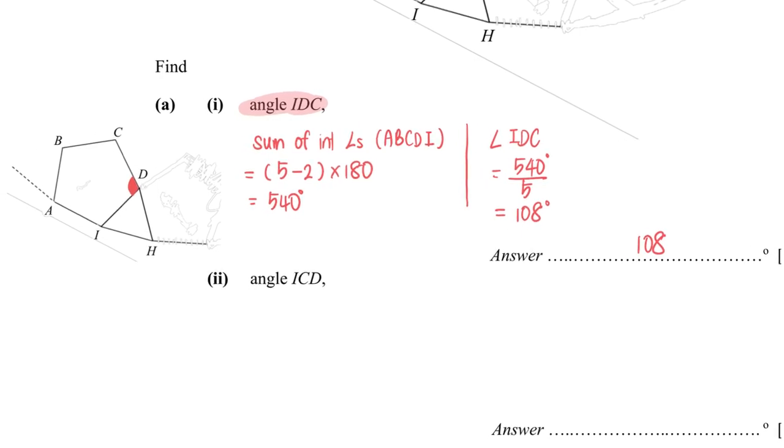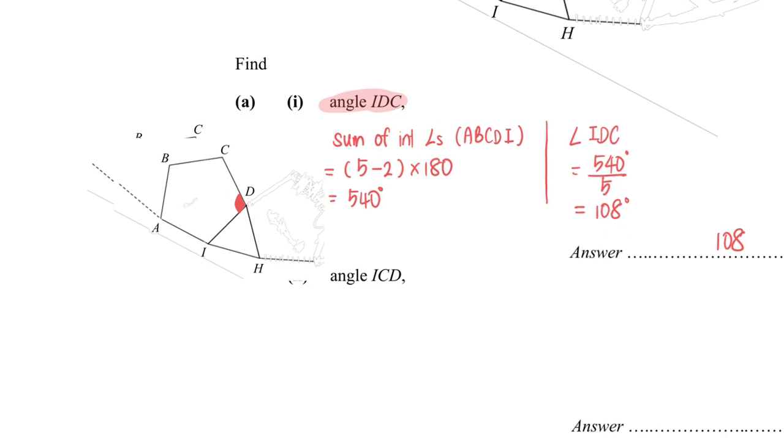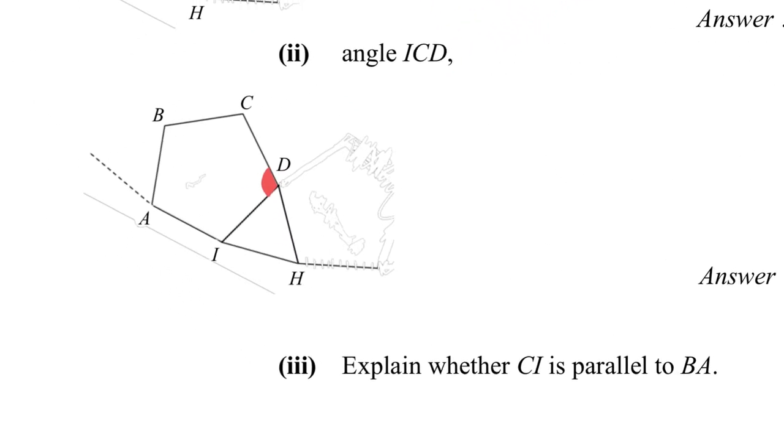Angle ICD. So I'm going to zoom in. I'm going to make a copy of this so that we can focus on that. I will need this. Since I already know this is 108 degrees and angle ICD, this means that I will need to draw a line.